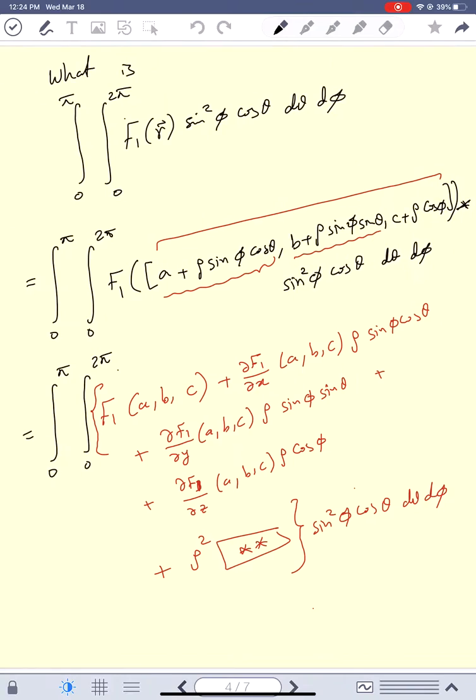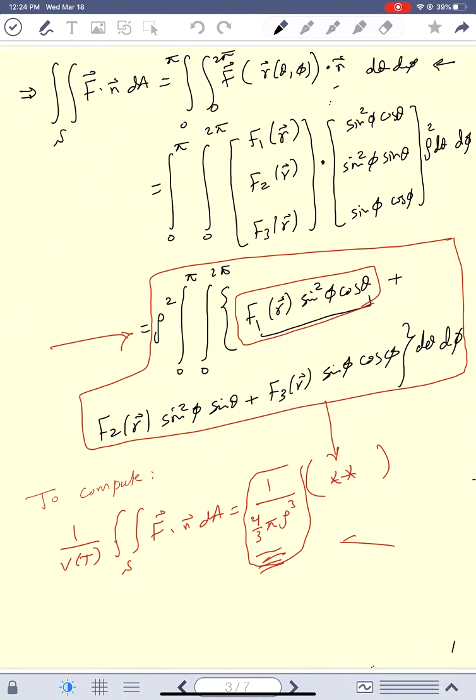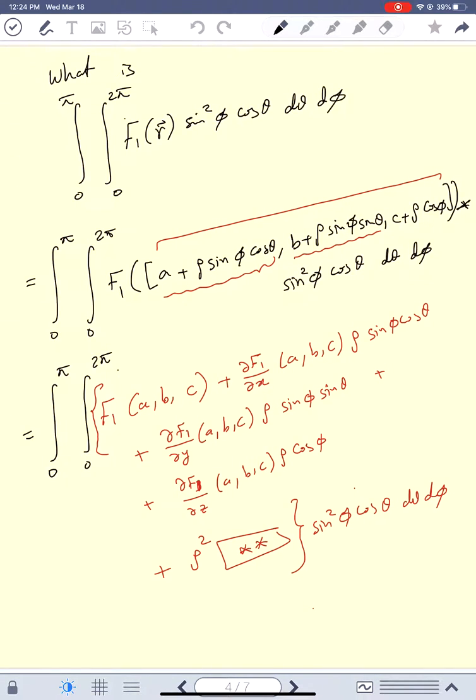This is what we wanted to compute in the beginning. Now in this page, we did these computations. So this integral is all of this. So now I want to copy all of this to the next page, okay?